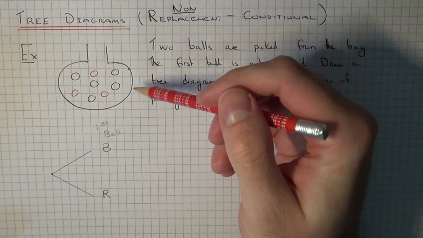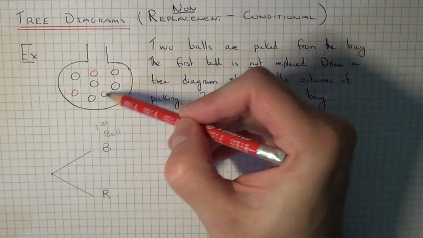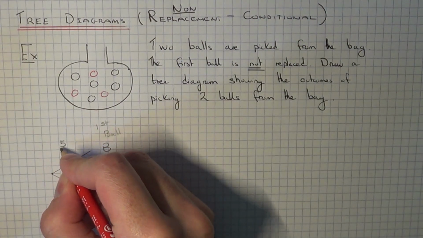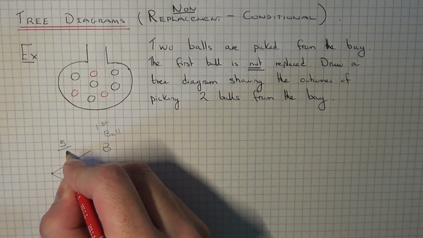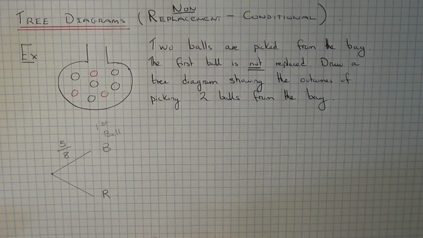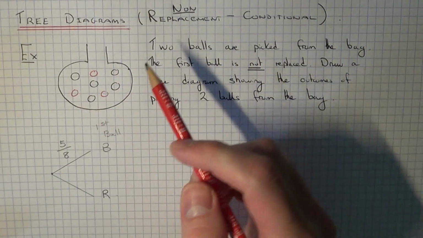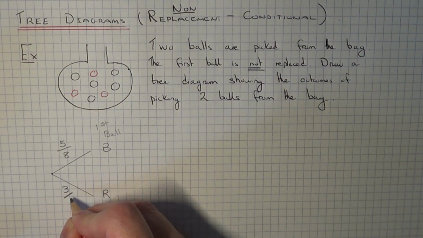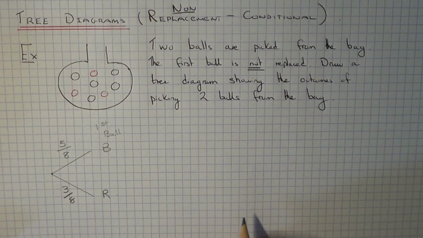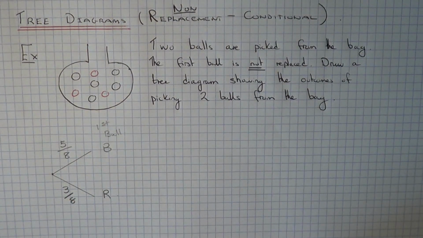The probability of picking a black ball: we have 5 black balls and there's 8 altogether, so it'd be 5/8. And the probability of picking a red ball would be 3 out of 8. Put these probabilities in the centre of the branches.